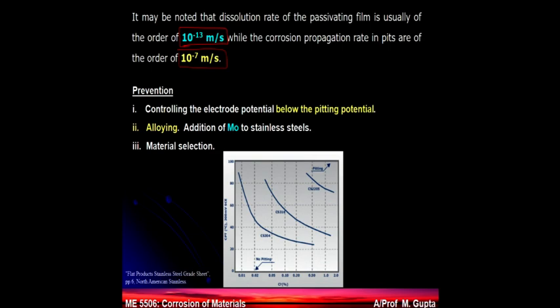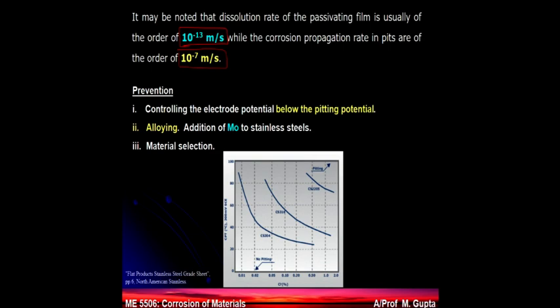That's a 6 order of magnitude difference. So your corrosion in that local area is moving 6 orders of magnitude faster. How does it translate to the life of a component? If you put in a pipeline for 20 years, it can fail in less than 1 year by pitting corrosion.